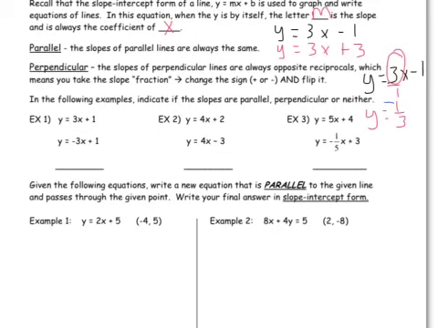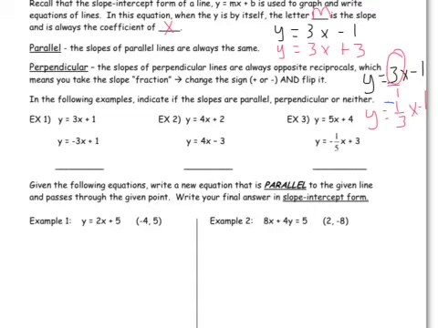So it's negative 1/3 x minus 1. Okay. So we've taken that slope, we've flipped it over, so it was 3 over 1, now it's 1 over 3, and we changed the sign. It was positive 3, now it's negative 1/3.